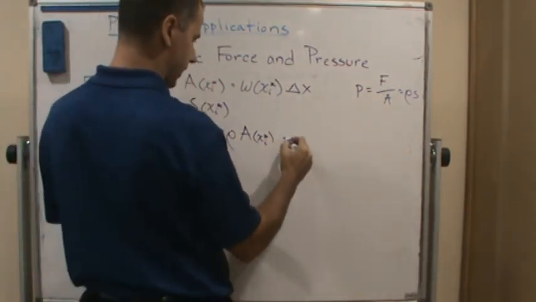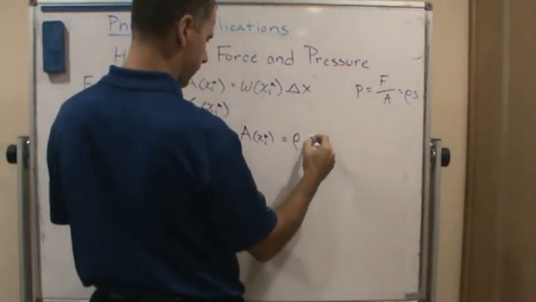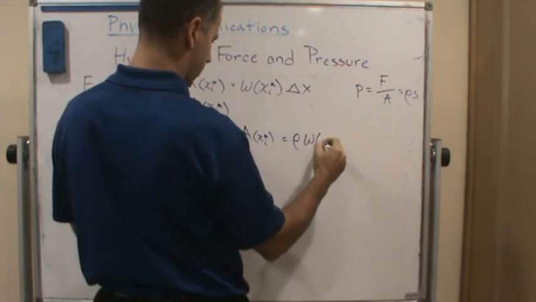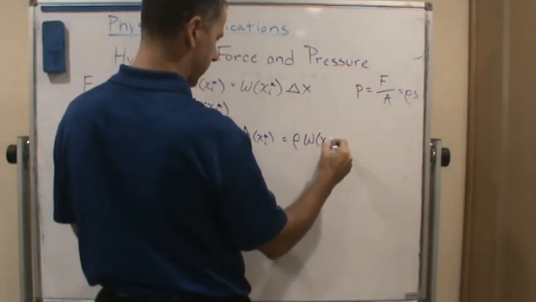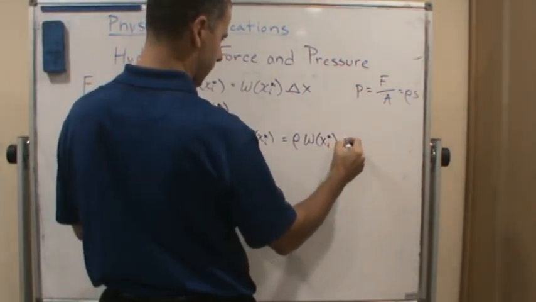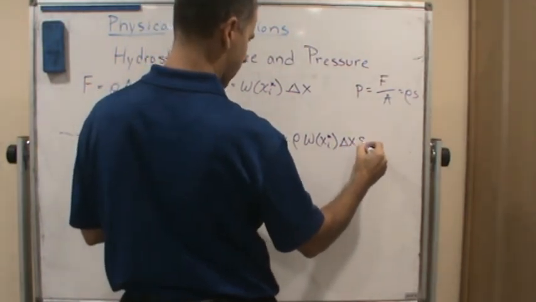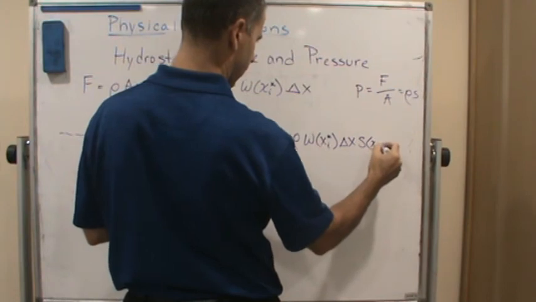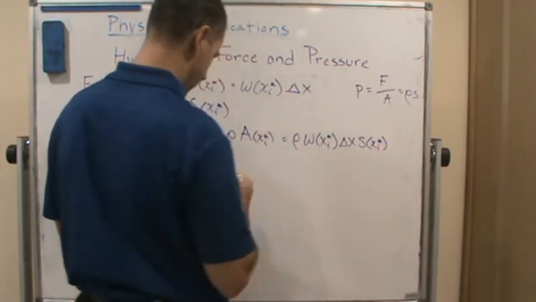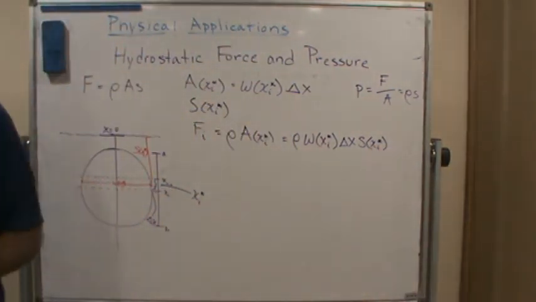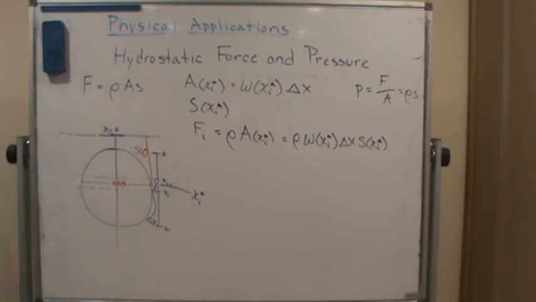And then this is going to equal rho times w of x sub i star times delta x times s of x sub i star. Okay, there we go. So now there's the force formula.